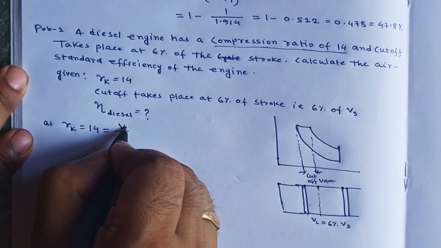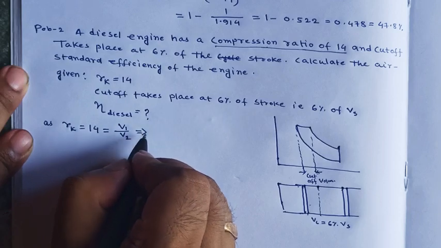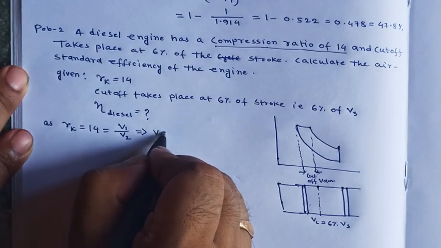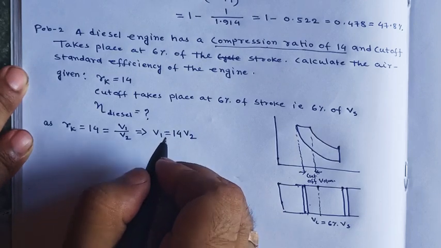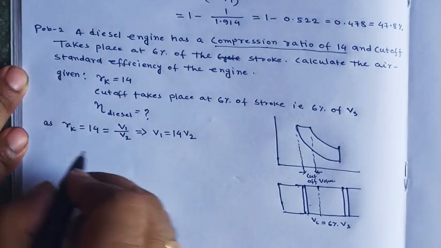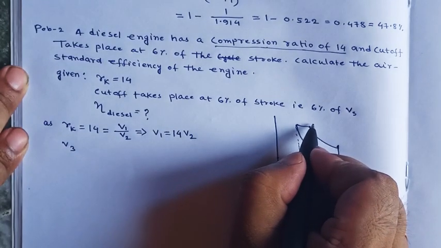That is V1 by V2. So I can write V1 equals 14 V2. And what is V3?